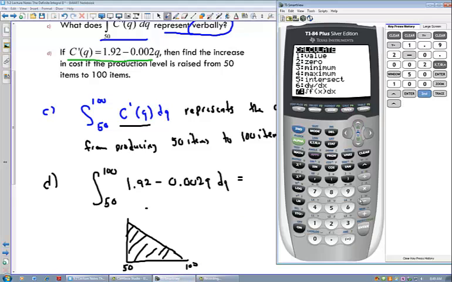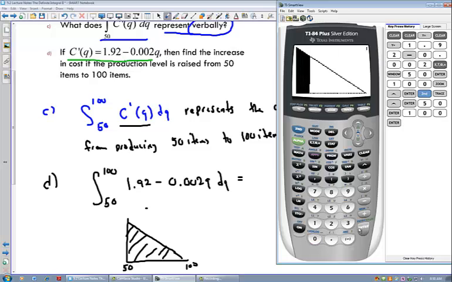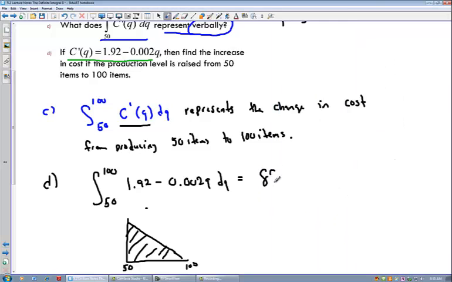You go down to the integral f of x dx, hit enter, ask for the lower limit, which is 50. Then it asks for the upper limit, which is 100. You hit enter, it shades in the region, and will spit out the answer of $88.50. So that's how much it will cost to go from producing 50 units to 100 units, or in this case it says items, so 50 items to 100 items.